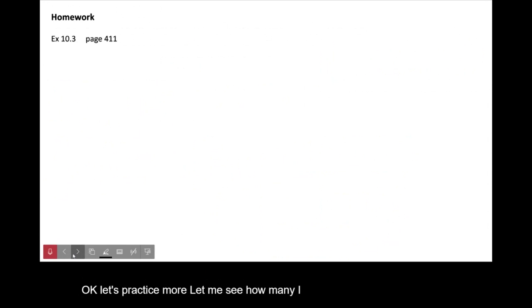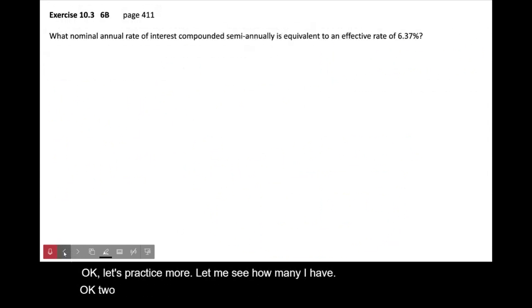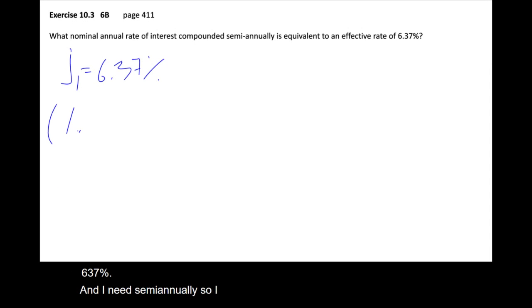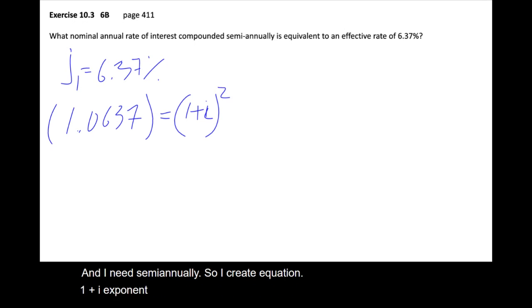Okay, let's practice more. Let me see how many I have. Okay, 2 more. Let's do them. What nominal rate of interest compounded semi-annually is equivalent to effective rate? So now I have J1 6.37%, and I need semi-annually. So I create equation 1 plus I exponent 2.